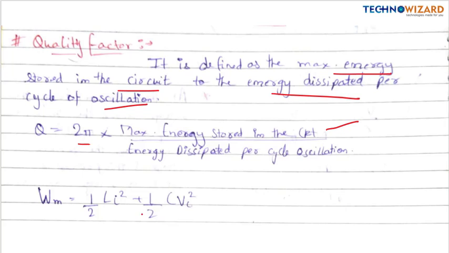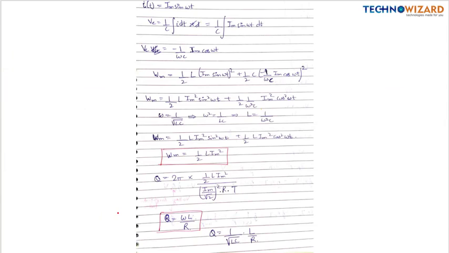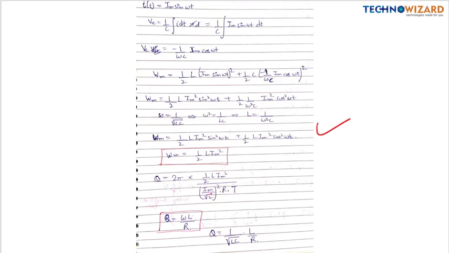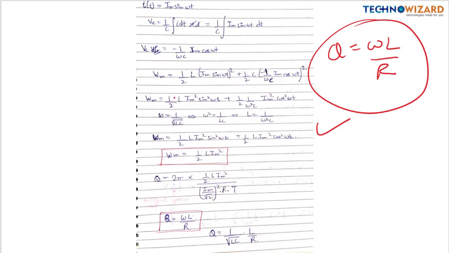If I add both the energies, energy due to the magnetic field and energy due to the capacitor, or electric field, I can write 1 by 2 L i square plus 1 by 2 C VC square. On deriving the relation, you get quality factor Q is equal to omega L upon R. You don't have to remember these derivations, just remember Q is equal to omega L upon R.